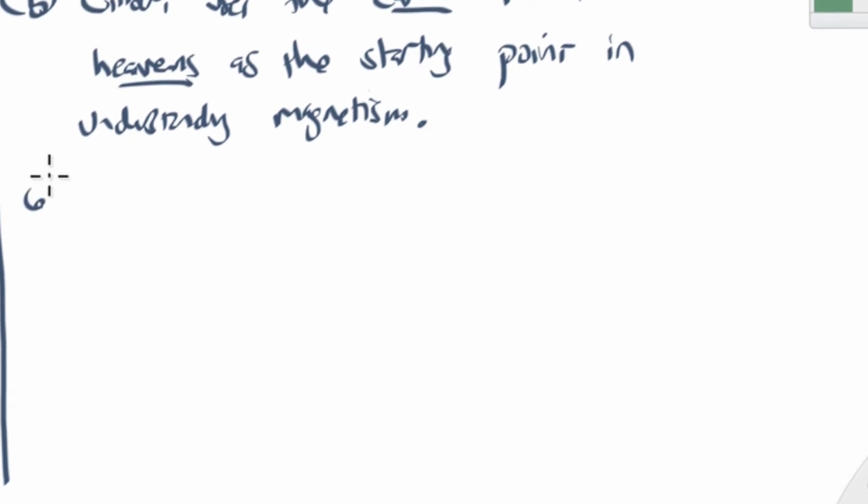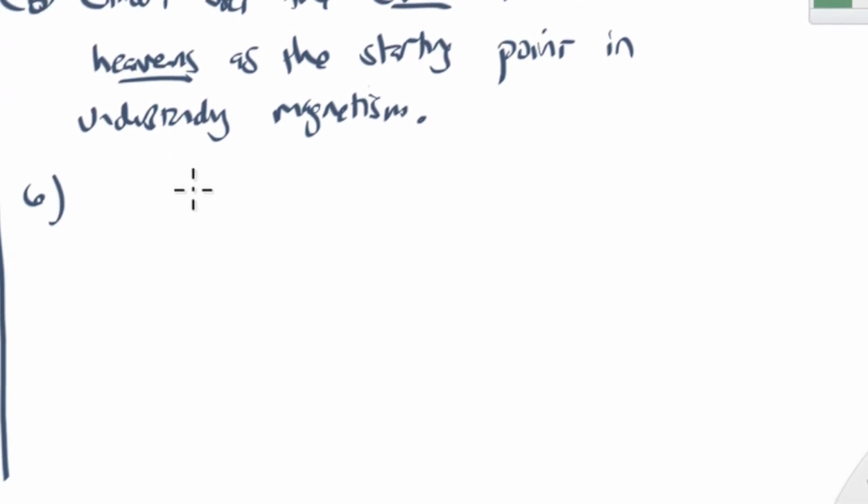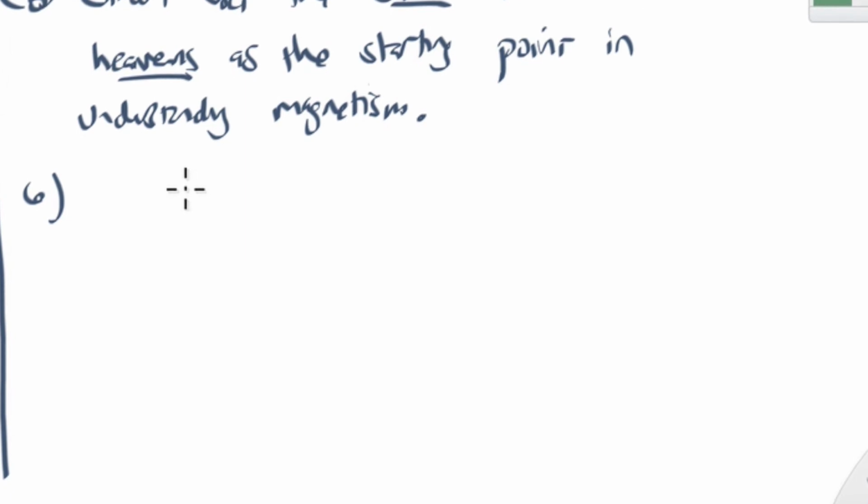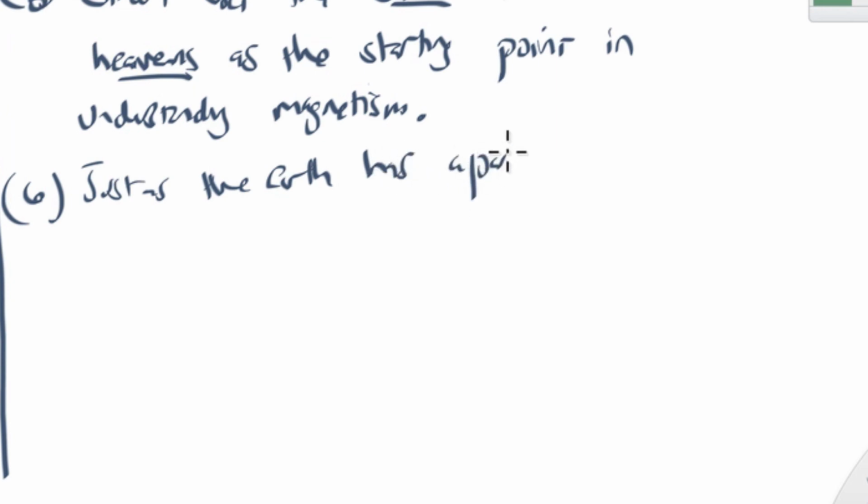And he goes on to mention that just as the earth has a natural orientation with respect to the skies or the heavens, so too a lodestone has a natural orientation with respect to the earth. So just as the earth has a particular orientation with respect to the heavens, right?